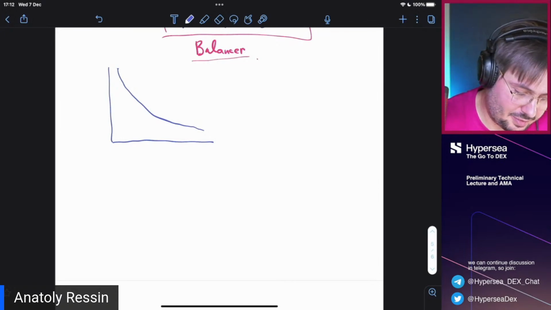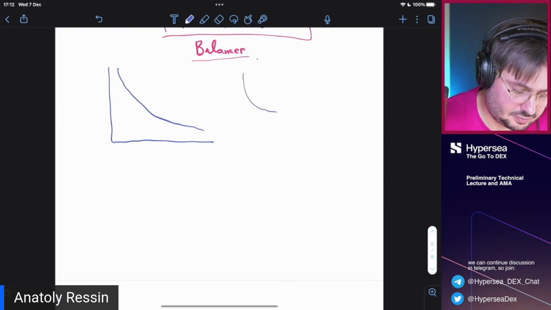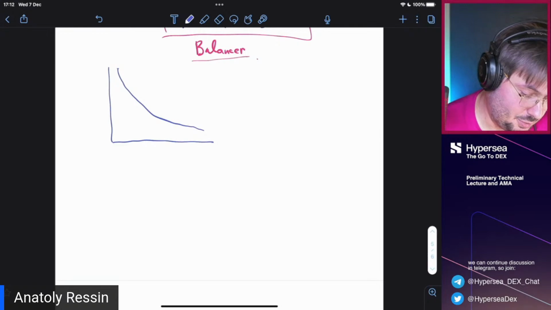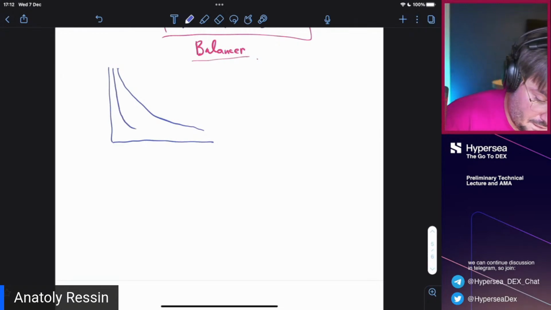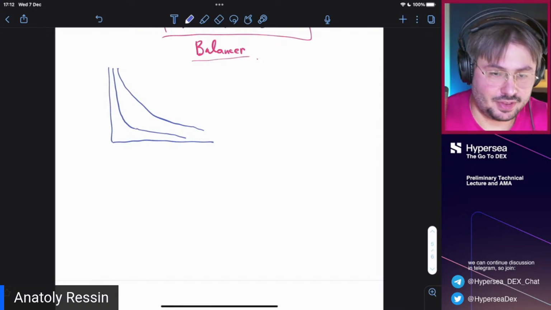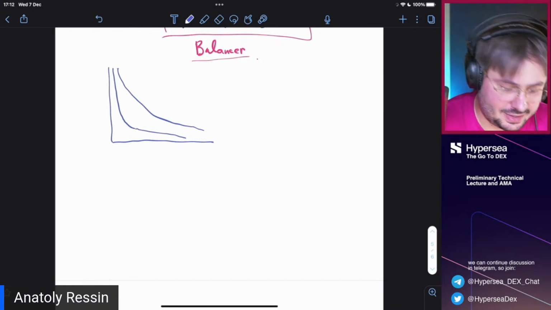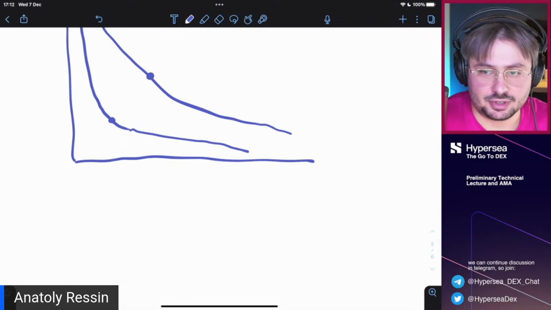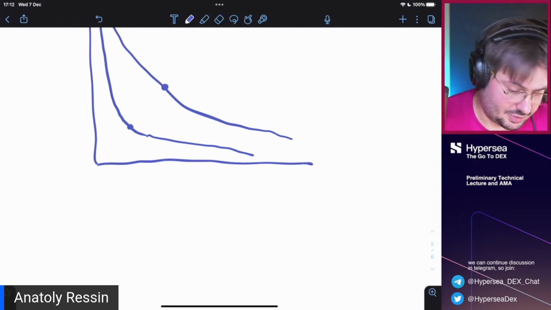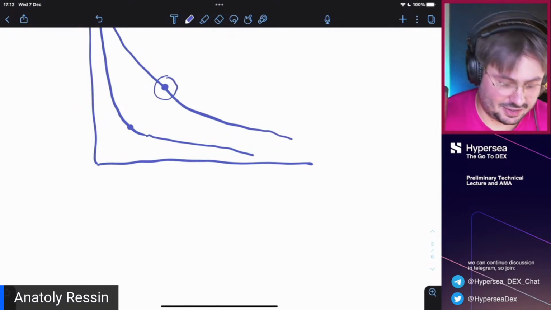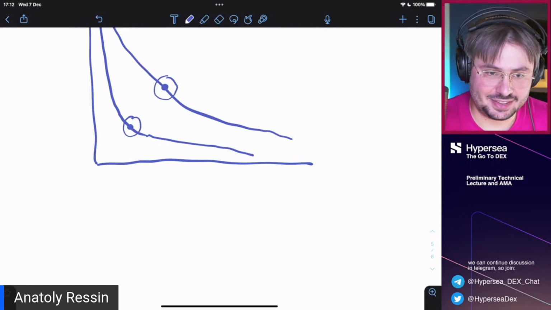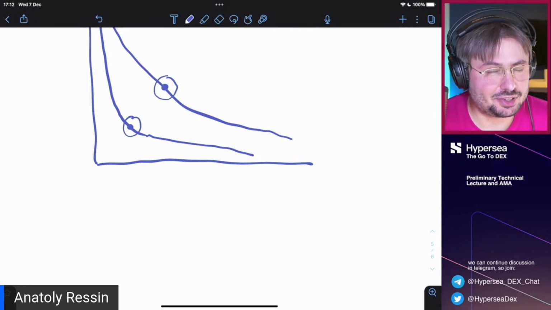Because, for example, if you have this curve and this curve, and we just measure the curvature between these things, here the curvature is less, and here the curvature is bigger. So it's more curved, less similar to a straight line.